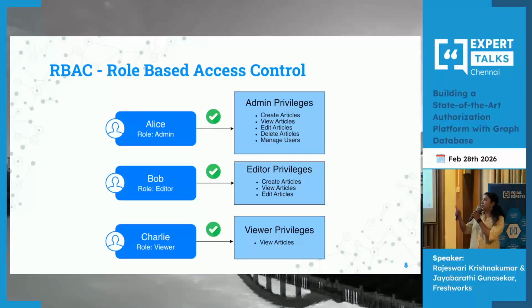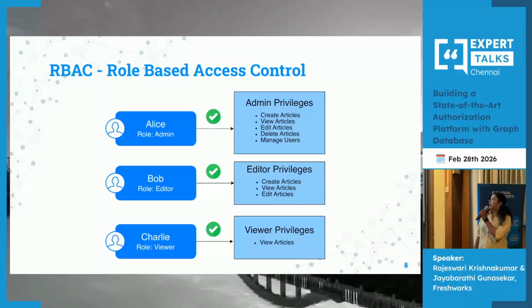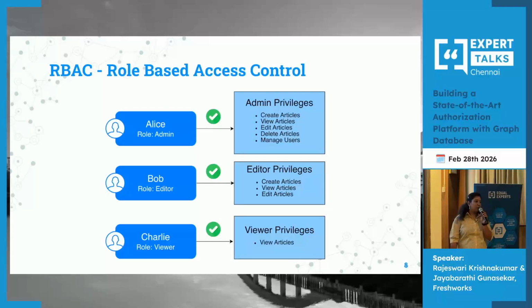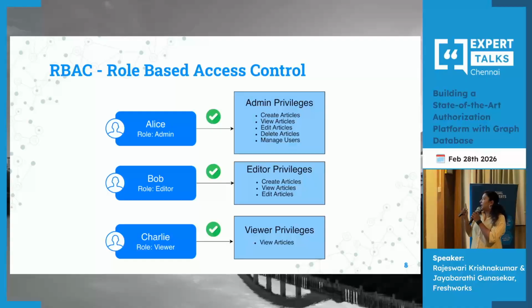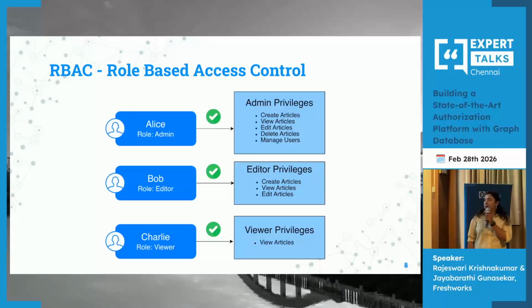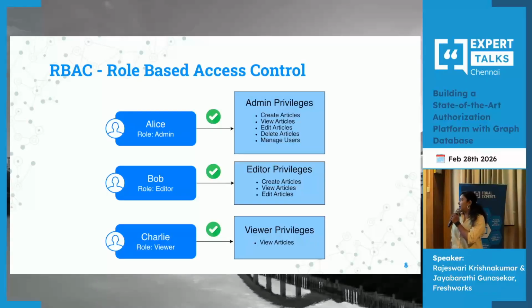So here Alice is an admin, and under admin privileges, she can create articles, view articles, edit and delete articles, and also manage users. Similarly, Bob is an editor. He can only create, view, and edit articles. Whereas Charlie is a viewer, which means he can only view the articles.